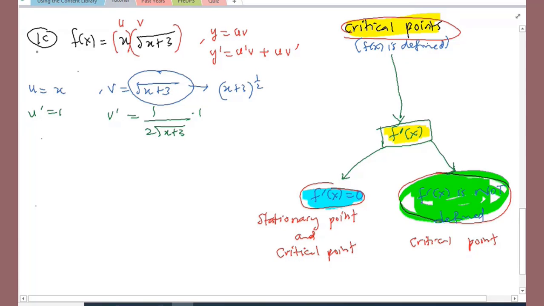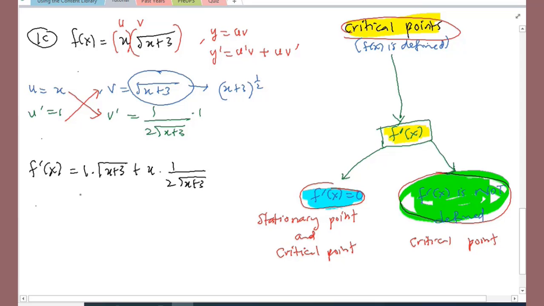Now using the product rule, f prime of x is equal to u prime v plus u v prime. So 1 times square root of x plus 3 plus x times 1 over 2 square root of x plus 3.